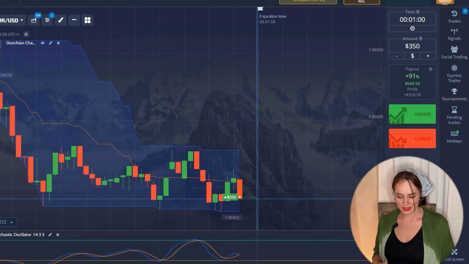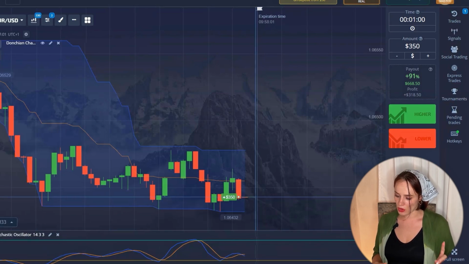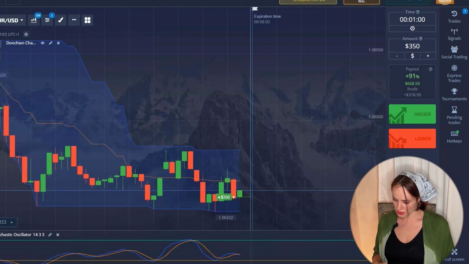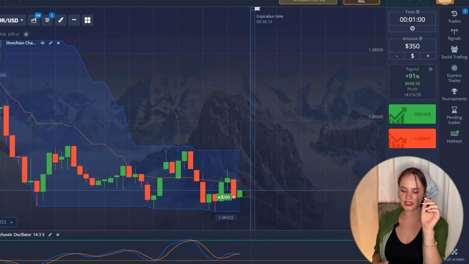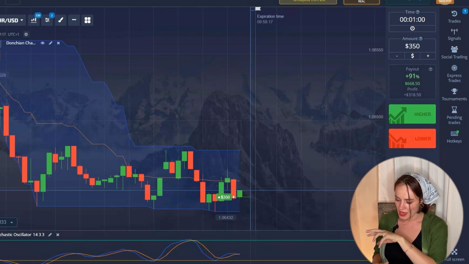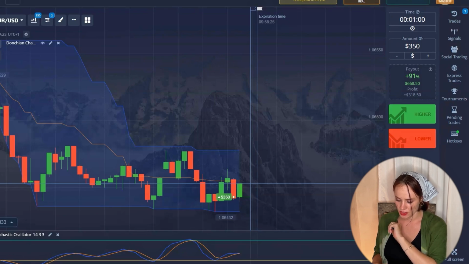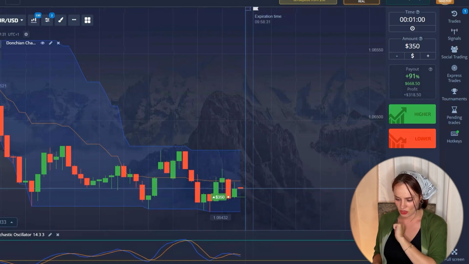The bid is again $350 for 1 minute. And what is going on? A new candle opens which begins to move up. So after a short fixation, the growth continues and the price reaches the middle line of the Donchian indicator. After that, it bounces down and 30 seconds are completed. A new candle opens.